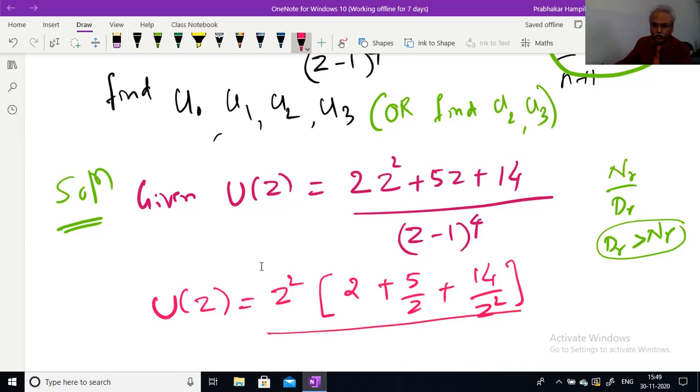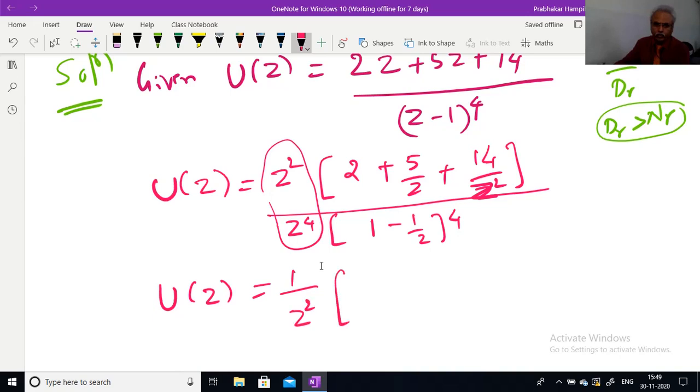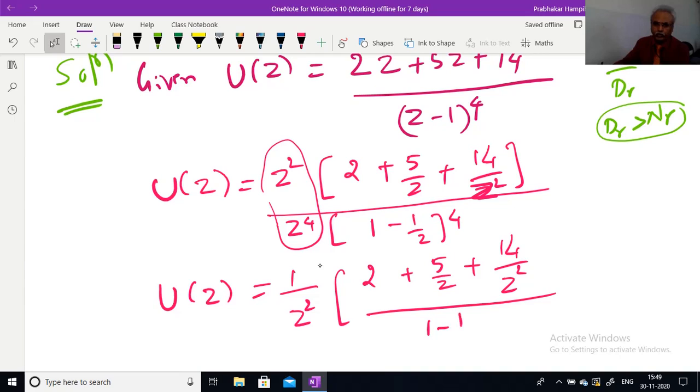In the denominator if I take z raised to 4 common, this looks like 1 minus 1 by z raised to 4. Or in a still better way, u of z can be written as 1 by z square into bracket 2 plus 5 by z plus 14 by z square, whole divided by 1 minus 1 by z raised to 4.